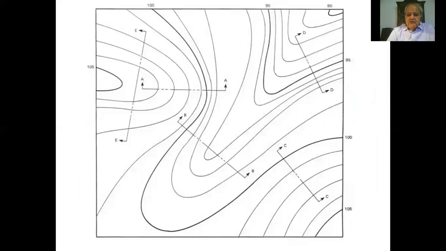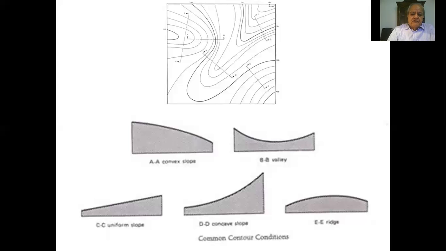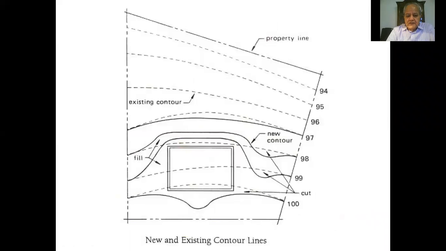So this is an example of a contour line that you might get from the surveyor, and each indication tells us about the different types of slopes that are in the site, whether it's convex or concave or valley or ridge or uniform slope. So each of these lines represents a different condition of the site.